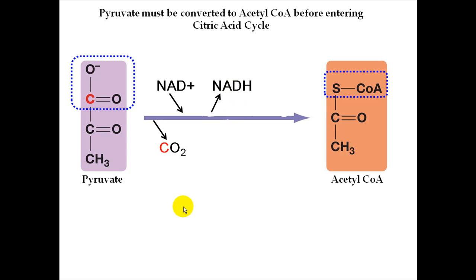So again, this pyruvate that was produced during glycolysis can enter the citric acid cycle to release even more electrons, but before it can enter the citric acid cycle, it's first converted to acetyl-CoA. What we'll do next then is take a look at what happens during the citric acid cycle.